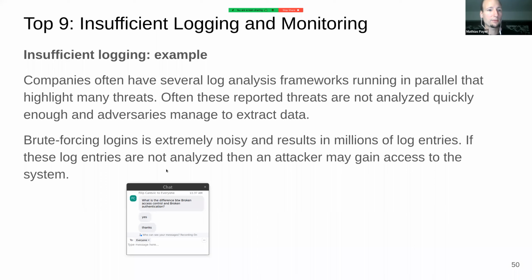An example of insufficient logging: companies often have these log analysis frameworks running in parallel that highlight way too many threats, making it hard for the companies to prioritize what is an actual threat or not. Brute forcing logins is extremely noisy and results in millions of log entries. If these log entries are not analyzed, an attacker may just gain access to the system by brute forcing, right?